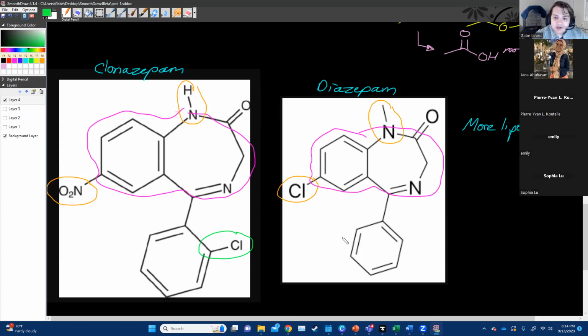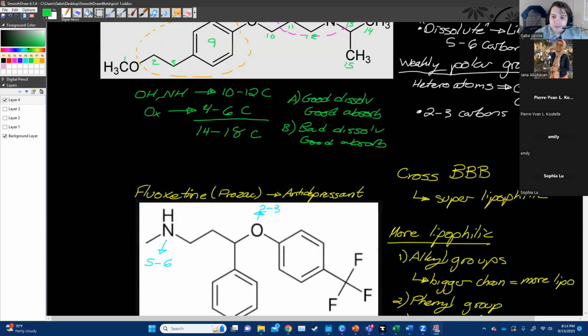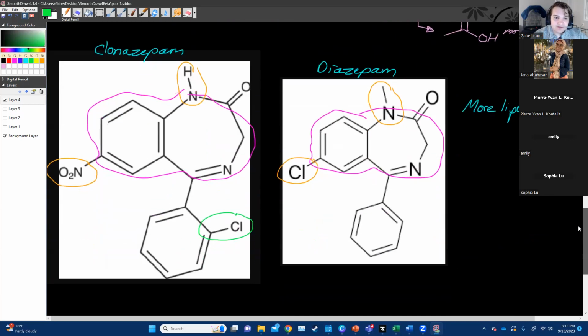So in terms of which is more lipophilic, let's look at very strong polar groups. So we know that polar groups are hydrophilic, which means that they do not like going through the membrane. So which one has OH, NH, and SH bonds? Clonazepam.